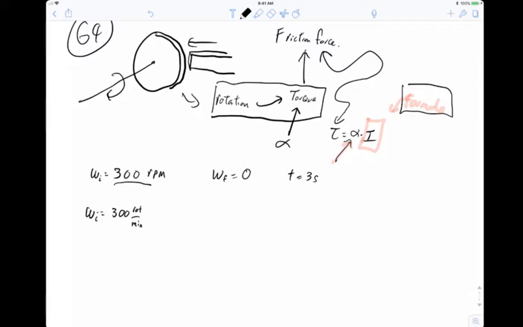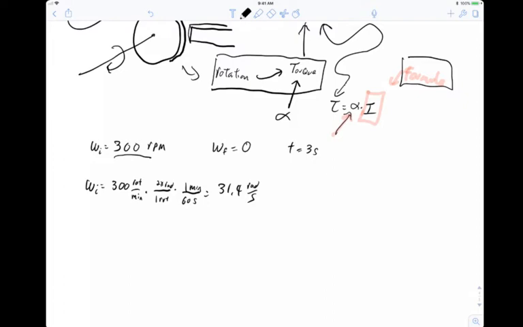I want it in radians per second. So 1 rotation is 2 pi rad, and 1 minute is 60 seconds. 31.4 rads per second.